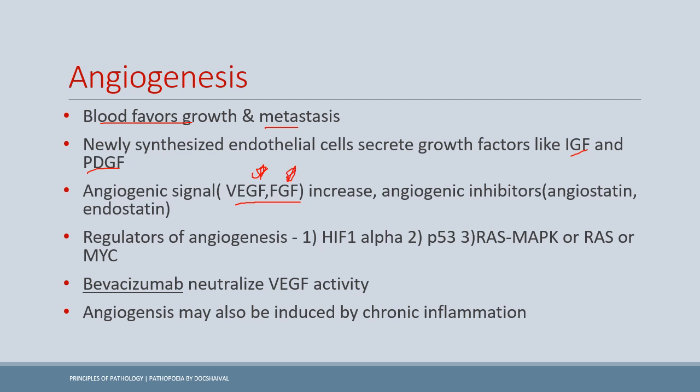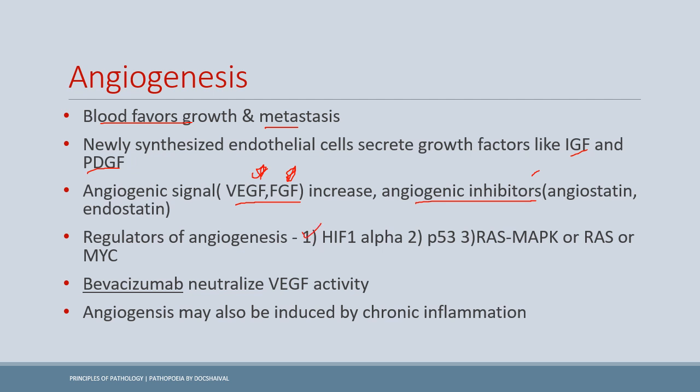Then we have angiogenic inhibitors, angiostatin and endostatin. So in short, we have the angiogenic signals, vascular endothelial growth factor and fibroblast growth factor FGF, and inhibitors angiostatin and endostatin. Now, who are the regulators of angiogenesis?